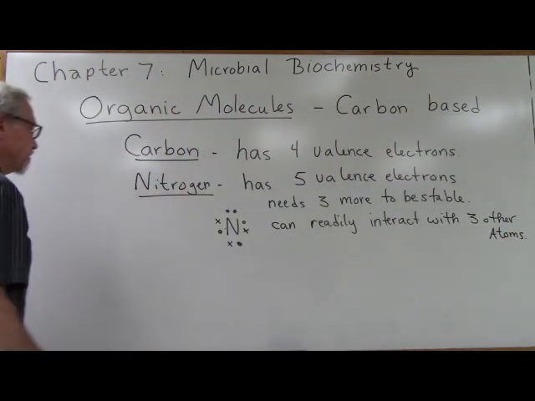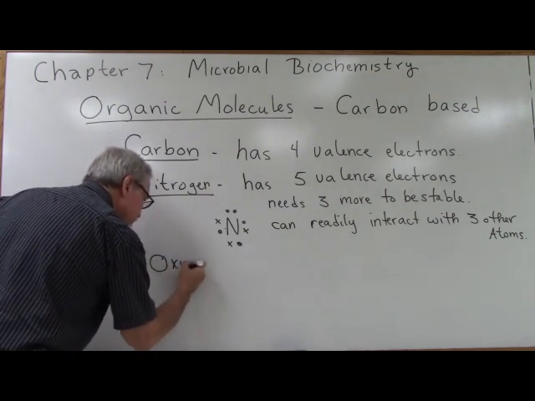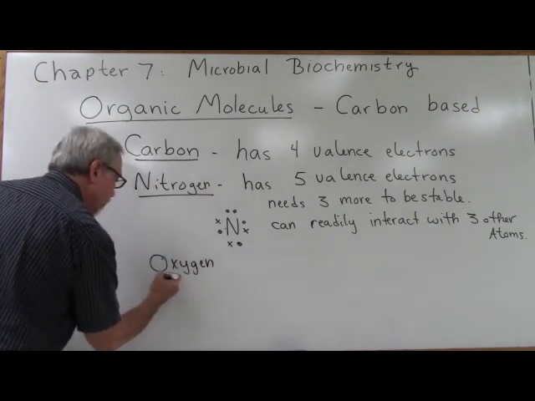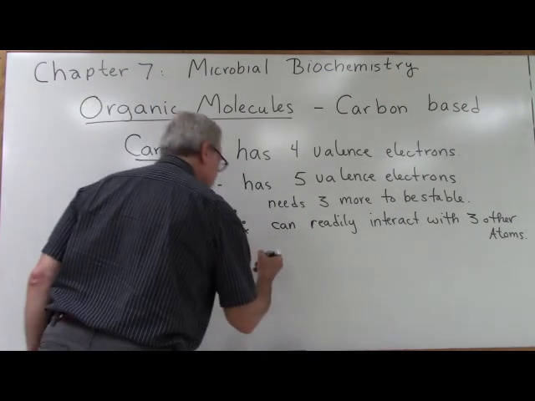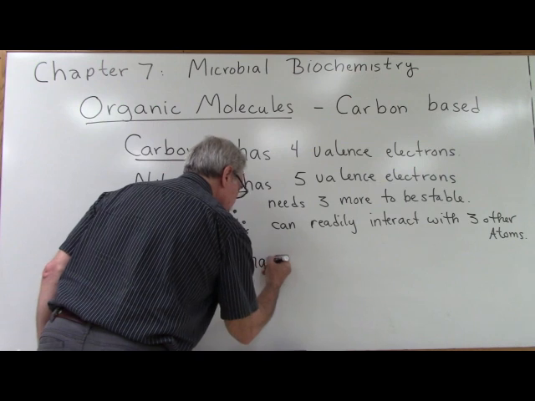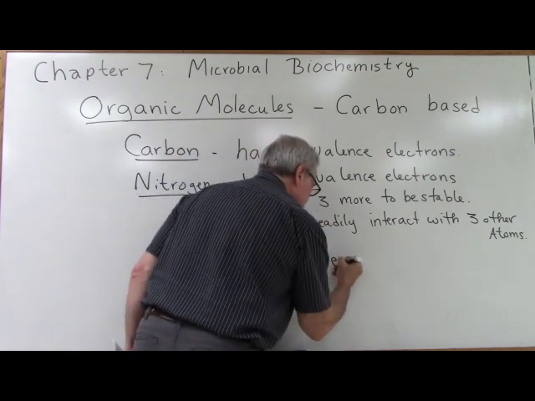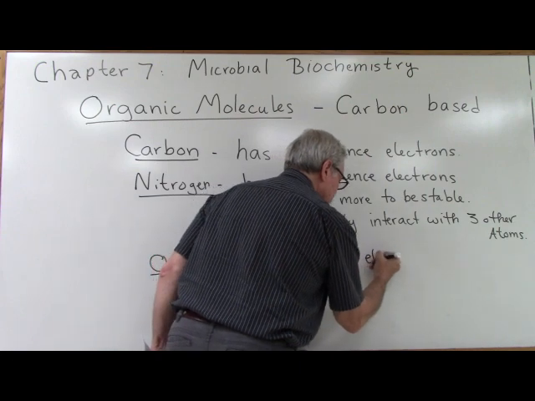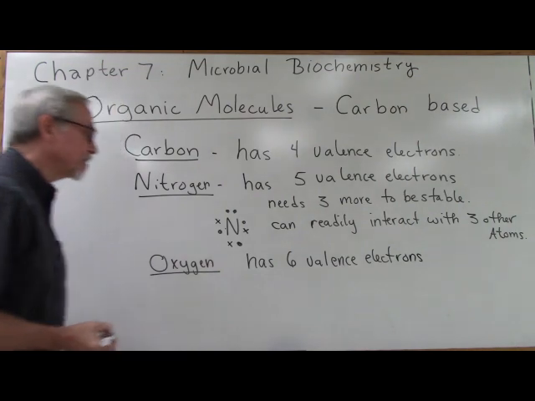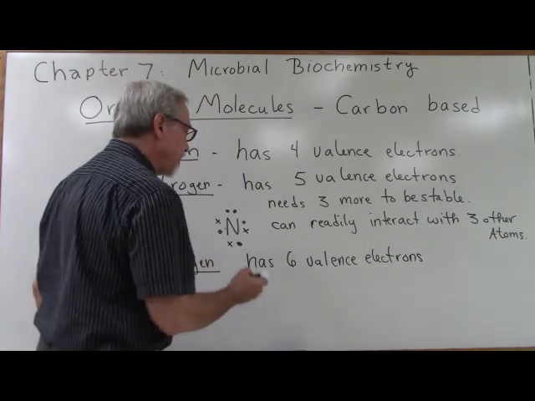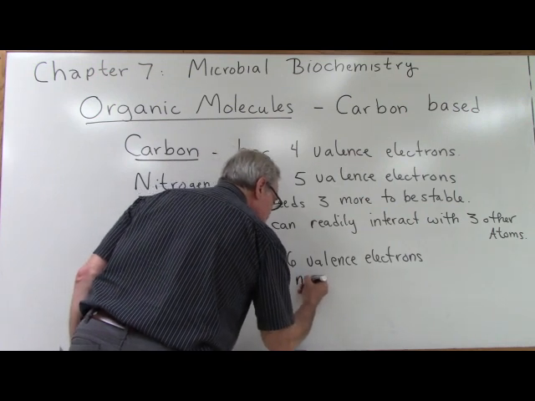Moving again 1 step to the right, then we have oxygen, which has 1 more electron than nitrogen. So oxygen has 6 valence electrons in a shell that can hold 8, so 8 minus 6 leaves 2, so it needs 2 more to be stable.